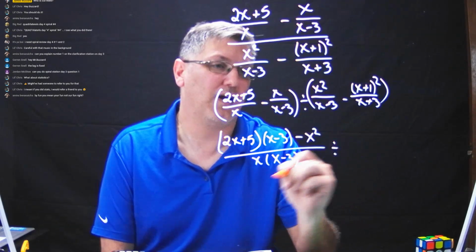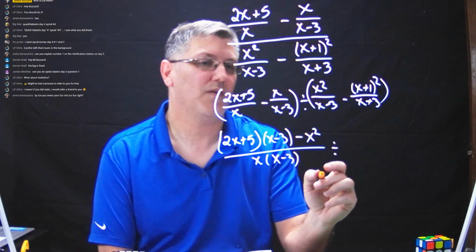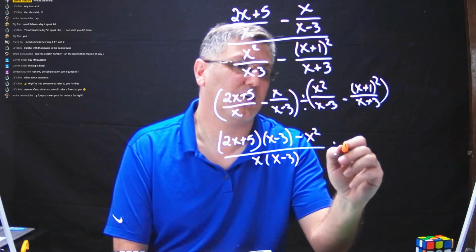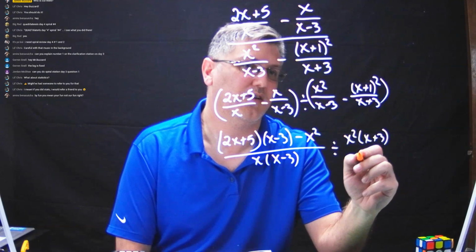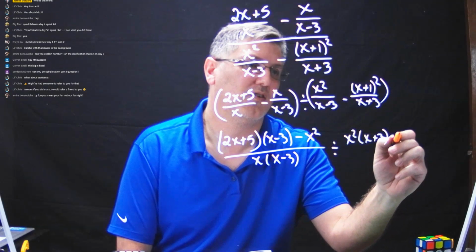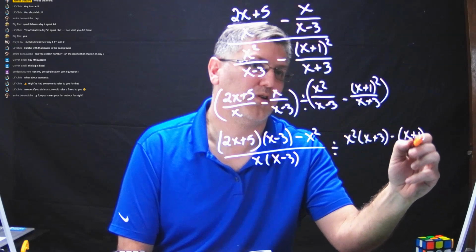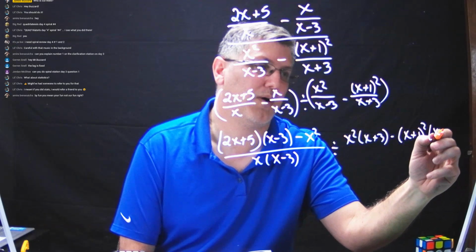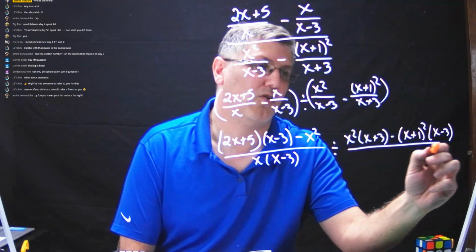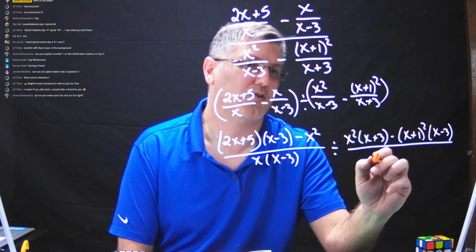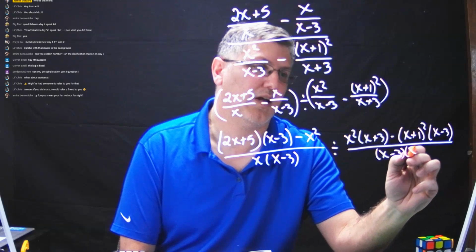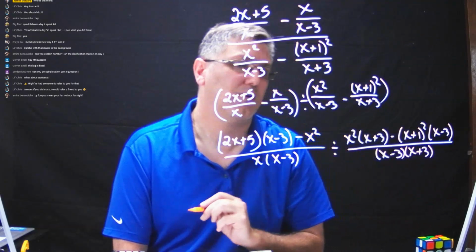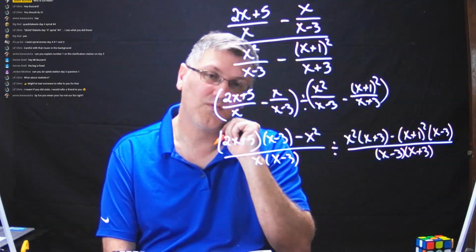And that's going to be divided by, let's see, x squared times x plus 3 minus x plus 1 squared times x minus 3, all over x minus 3 and then x plus 3.